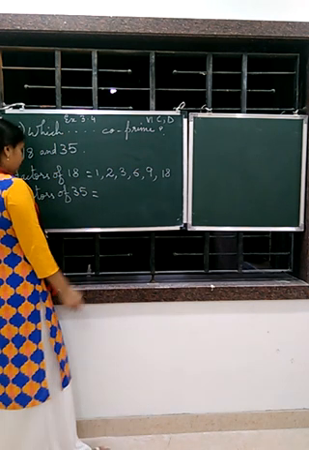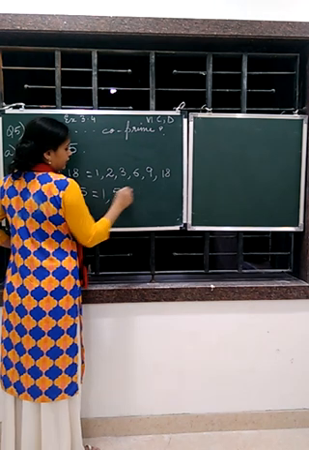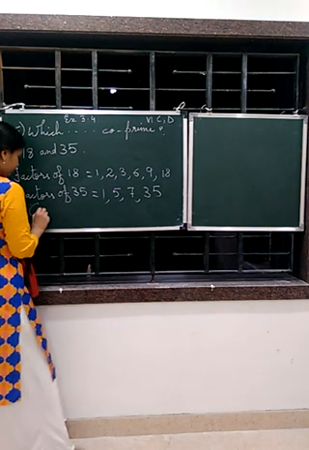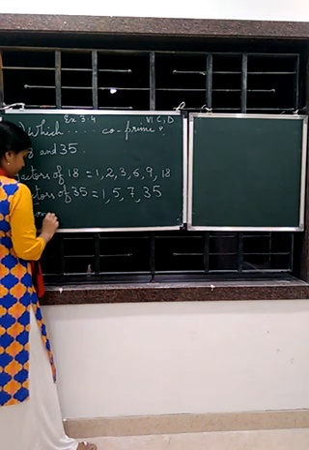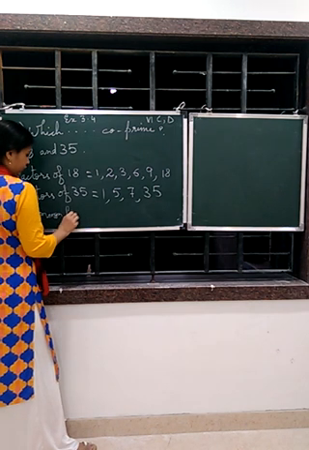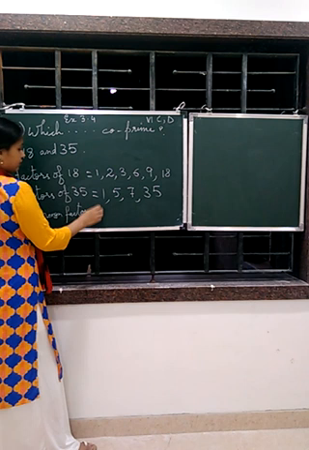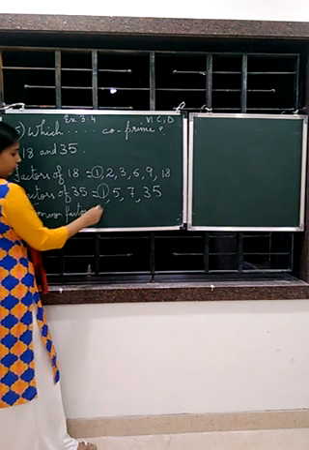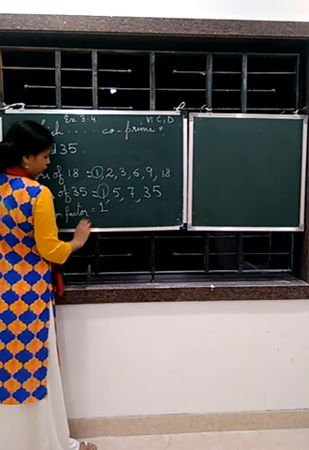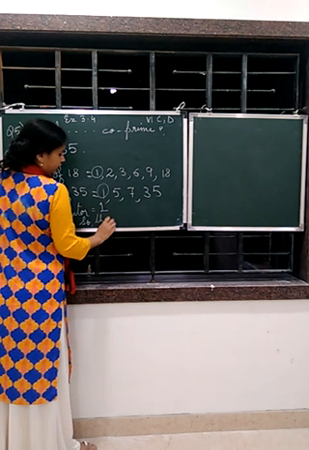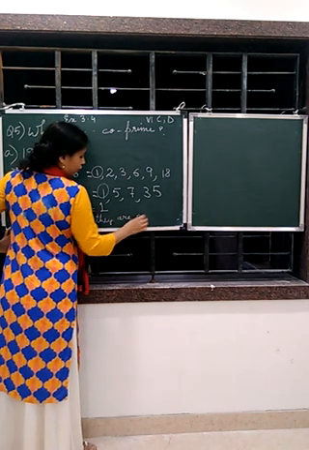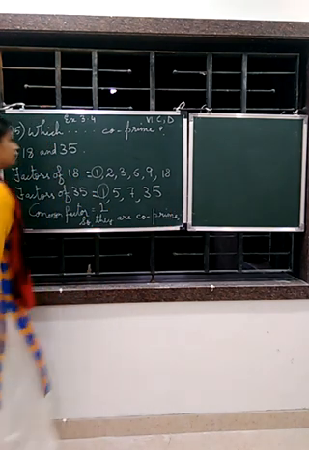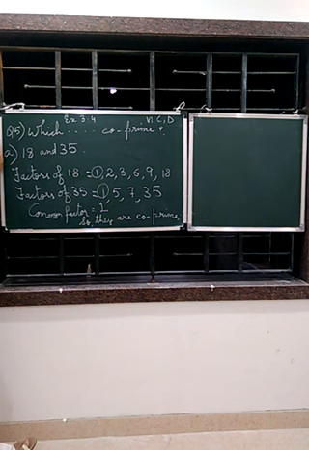That's it. And the factors of 35 are 1, 5, 7 and 35. What is common here? What are the common factors here? Only and only 1. Any other factor common? No. The common factor is only 1, so they are co-prime.